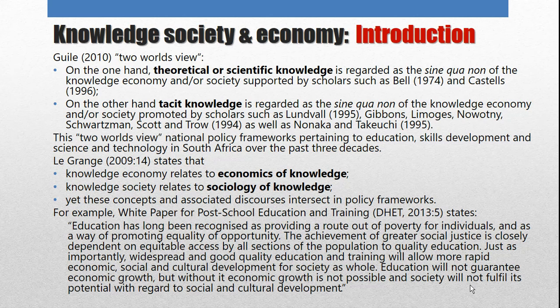Just as important, widespread and good quality education and training will allow more rapid economic, social and cultural development, etc. So you can see, therefore, how the economics of knowledge has a powerful voice in our national policy frameworks. All right.